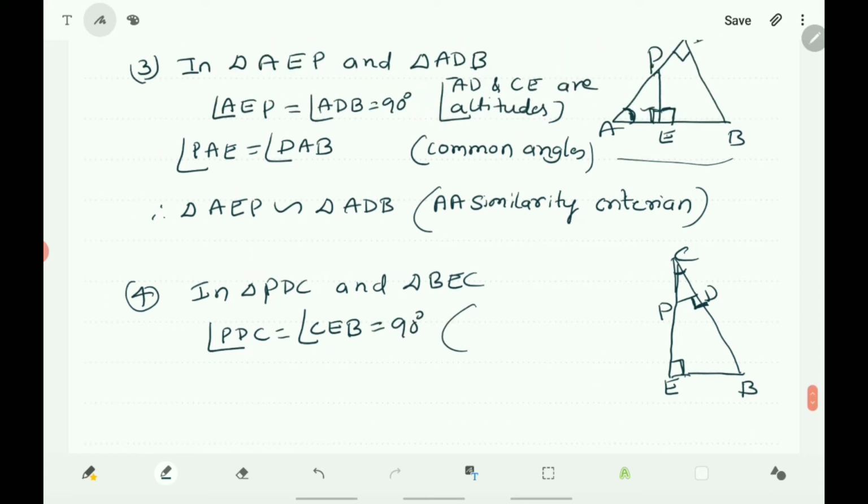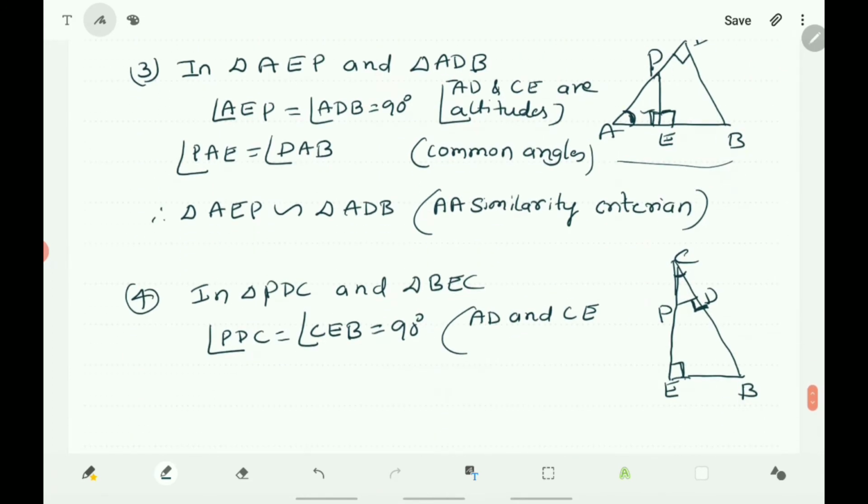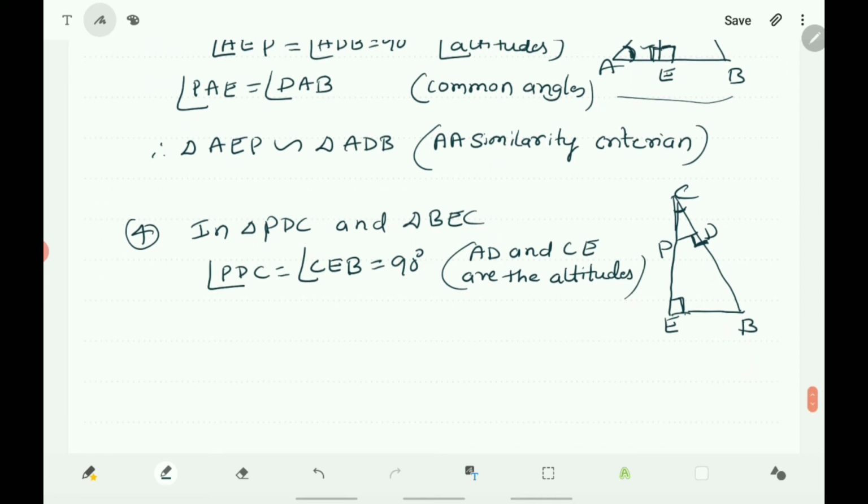Same reason, take the original figure, AD and CE are the altitudes. And common angle, angle C is the angle of triangle PDC and also the angle of triangle CEB. So you can write angle PCD is equal to angle ECB, common angle.